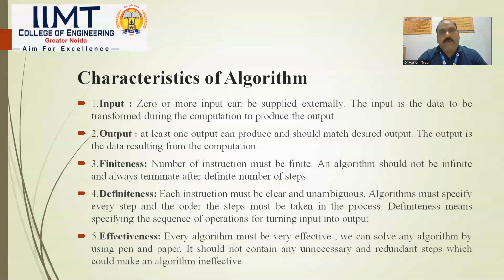How can the programmer know what the role of c is? Do you want the square of c, do you want to print c, what do you want? Then definiteness means you clearly mention there, if you want to print the output, then print c. If you want the square of c, then square of c. Then the developer will develop this algorithm in a programming language.